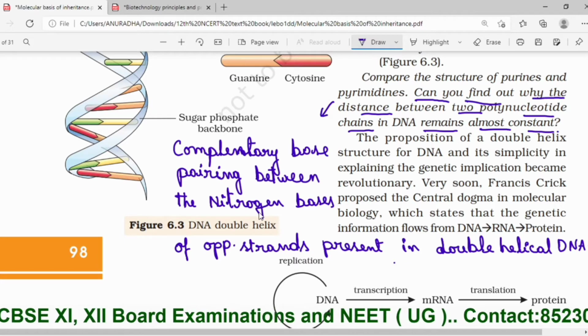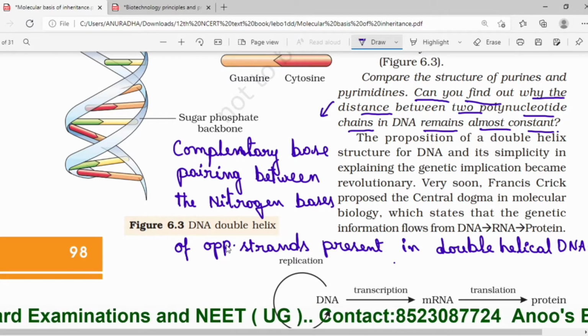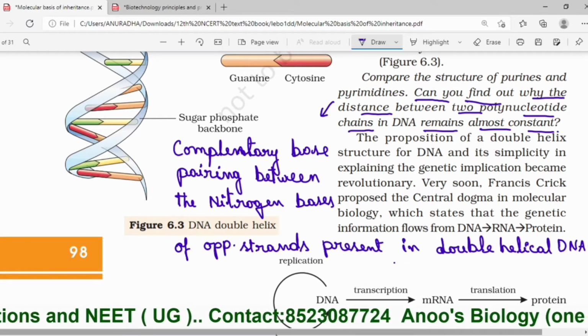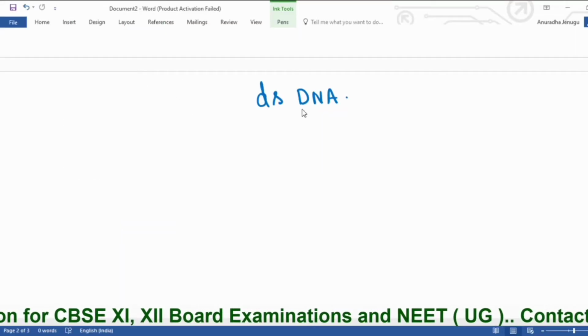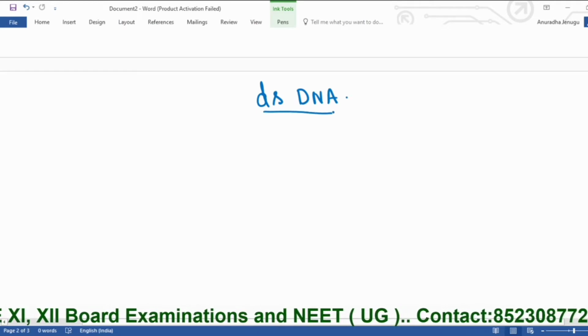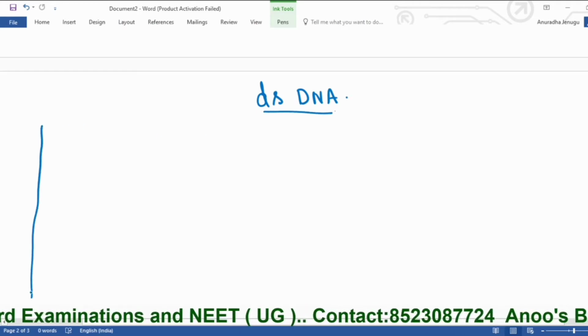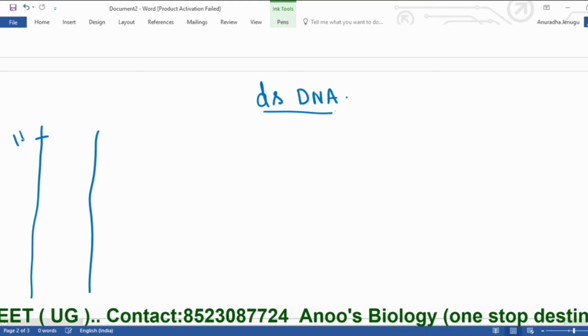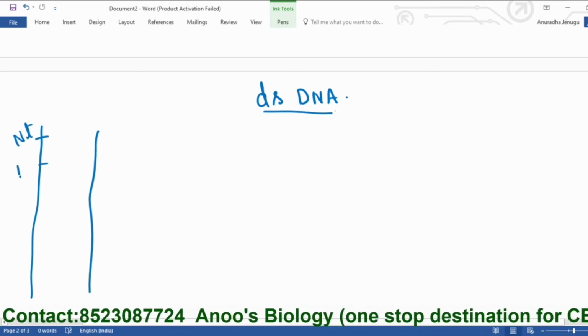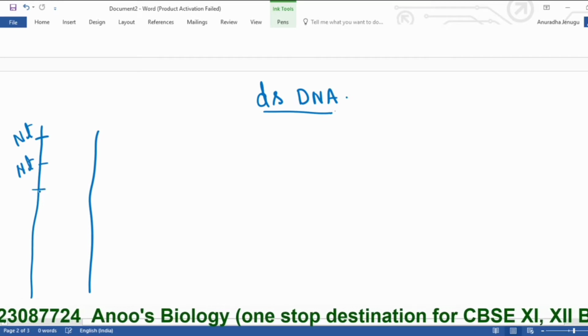To understand this answer, first I will explain the structure of DNA. So let's go to the structure of DNA now. This double-stranded DNA is made up of two polynucleotide chains. Each polynucleotide chain is made up of many nucleotides. Hence, it is called a polynucleotide chain. Poly means many.